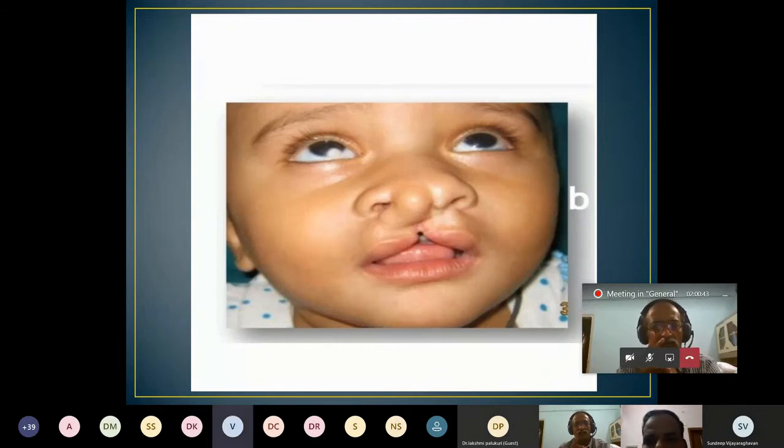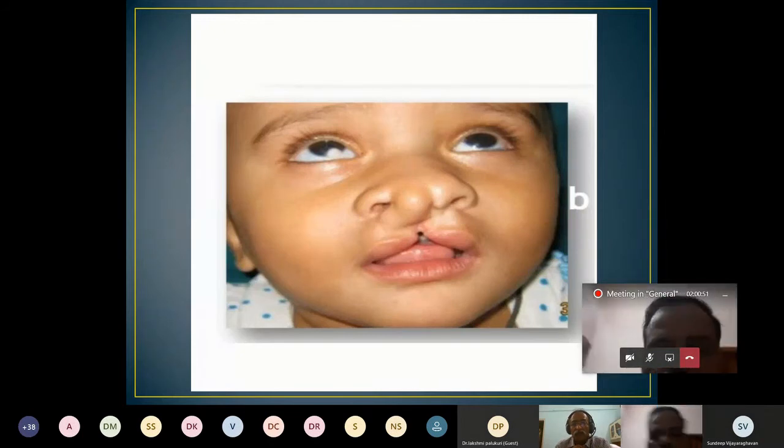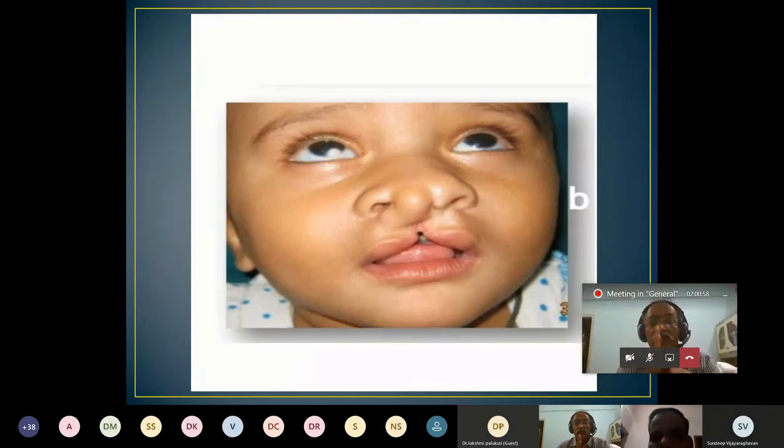What is the commonest encephalocele that occurs in the midline cleft? Proencephalocele. That is a proencephalocele.